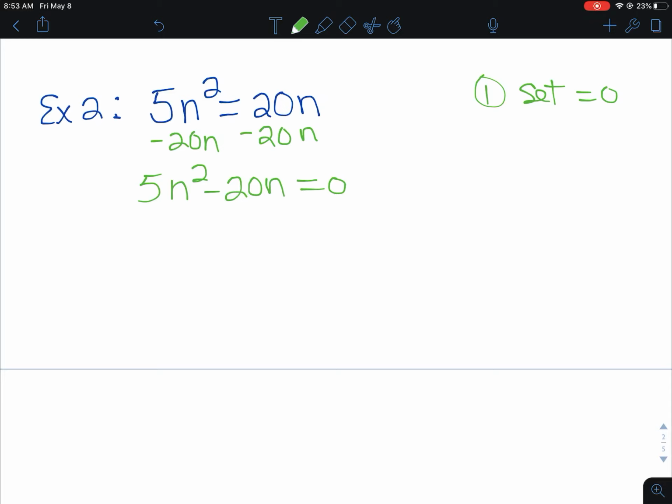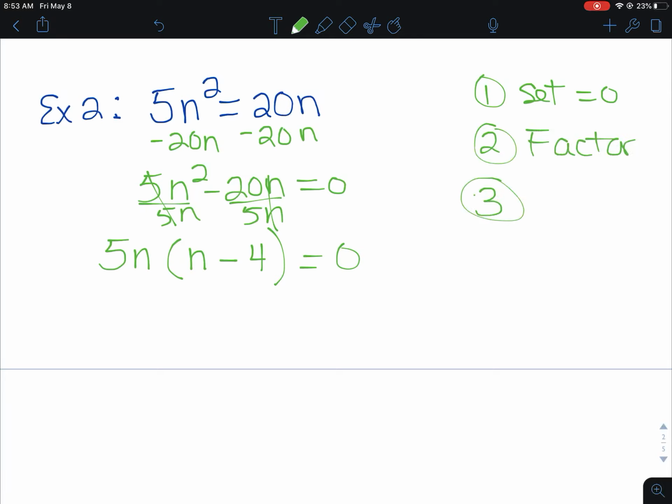Okay, now same as before, it has two terms, so look for greatest common factor. 5n squared and 20n, I can take out 5n. And then once I divide that, I would have n minus 4.